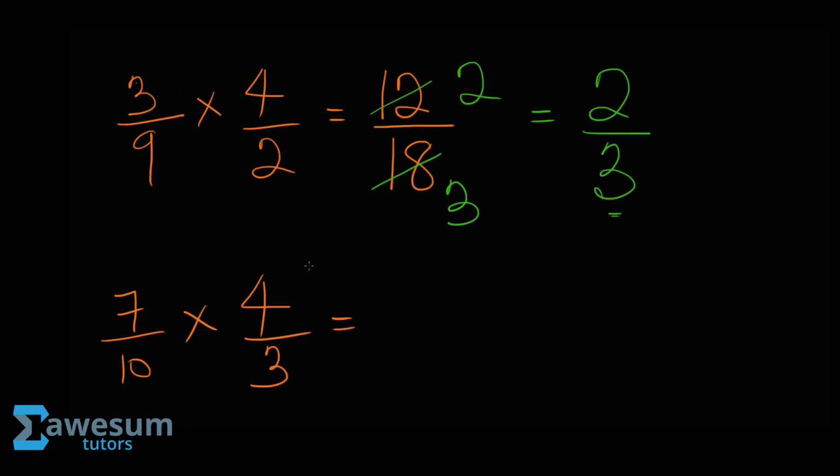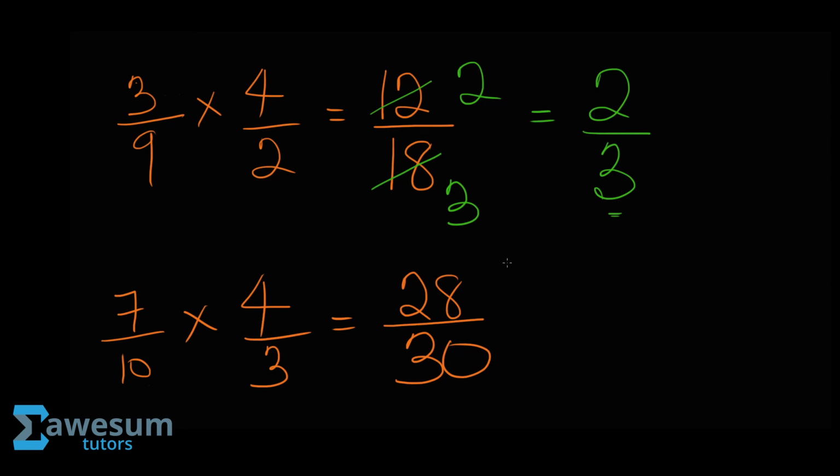Alright, let us take a look at this problem. 7 times 4, 28, over 10 times 3, that gives me 30.